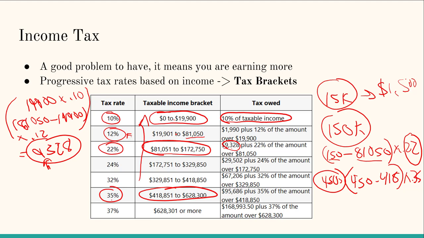And so when people say, what tax bracket are you in, they're referring to where does your income fall into of these max amounts. So clearly, when you're in this highest bracket, each additional amount that you earn over this amount is going to be taxed at a higher rate than the first $20,000, which is only paying 10%. So as your income goes up, you end up paying more tax as a percentage of your income, because of this progressive tax rate structure.